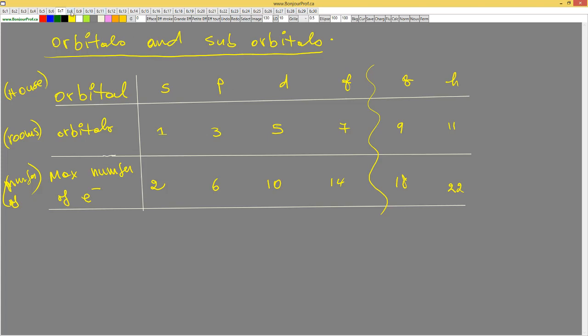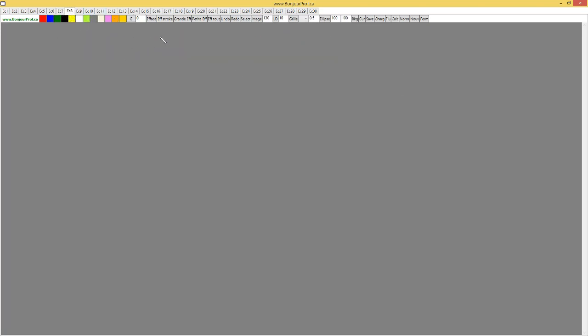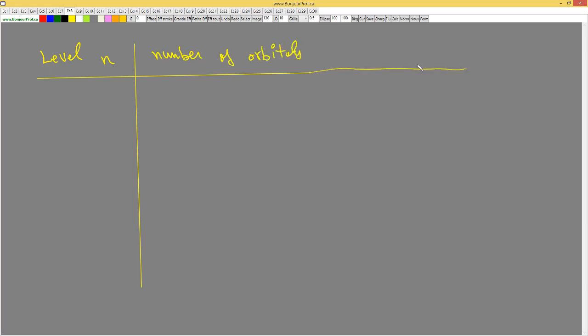This one we finish. I'm going to go now to another table. If I have an energy level, I'm going to write it here, level n. Here, number of orbitals for each level, and I have the list of orbitals.